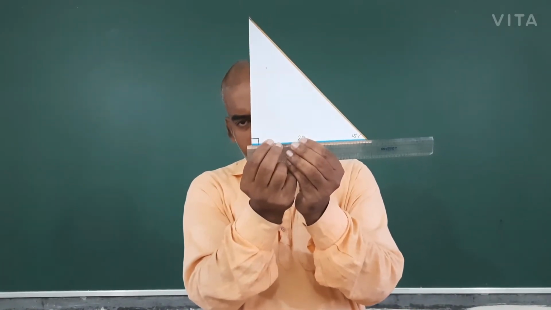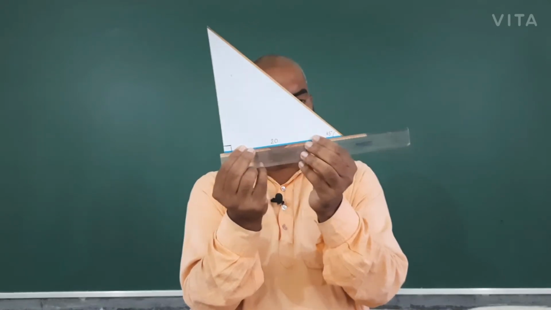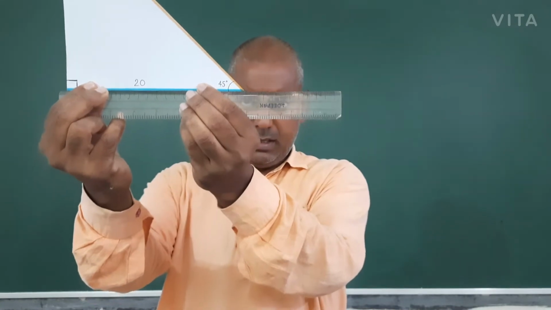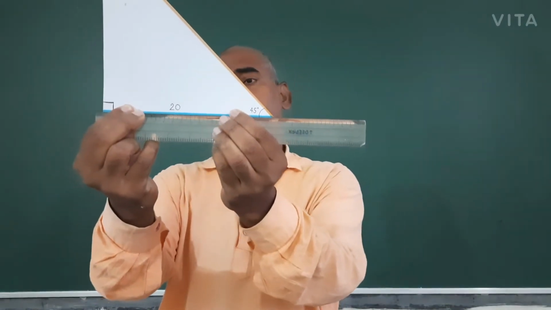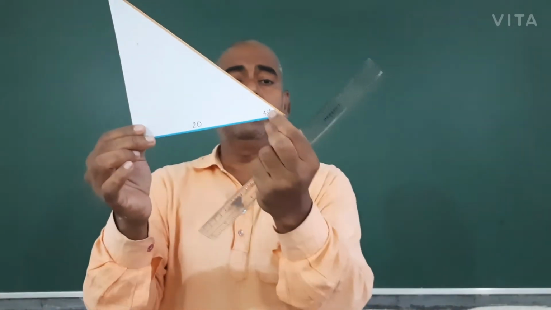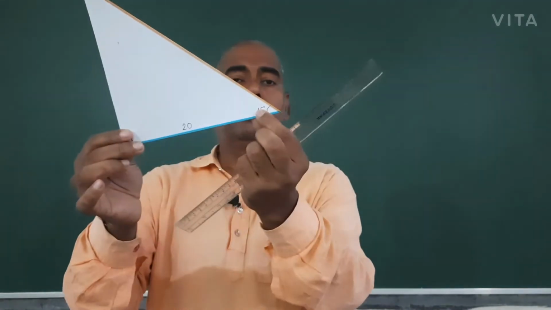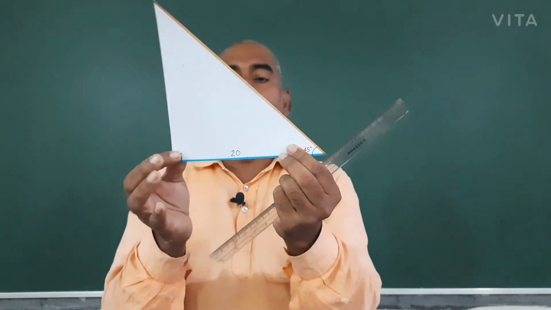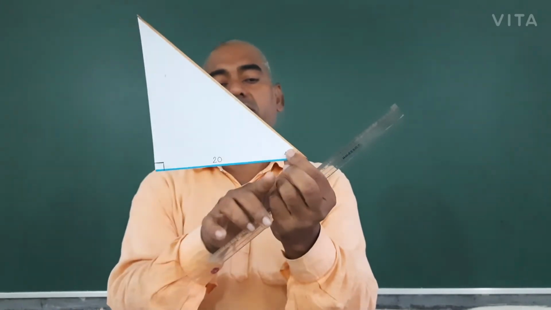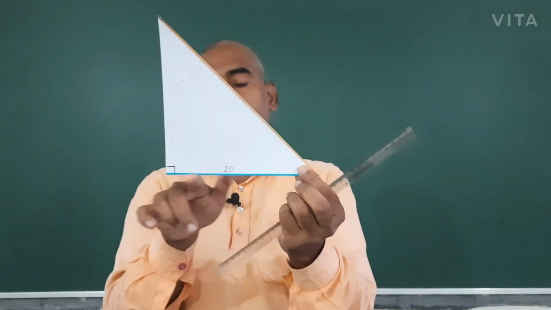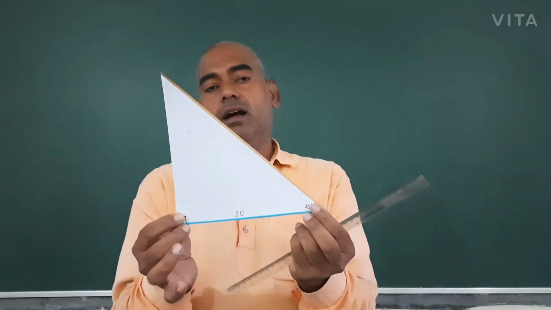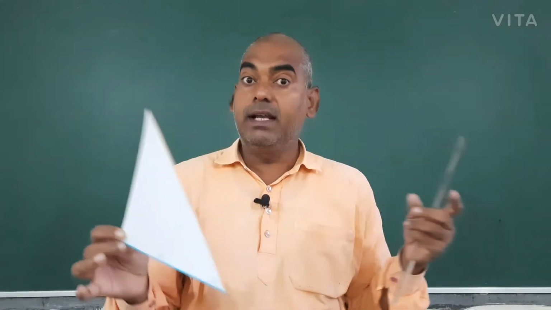Are you able to see? It is 20 centimeter. And I have written also, this is 45 degree, this is 20 centimeter, this is 90 degree. Only three things are enough. And other things I will calculate.